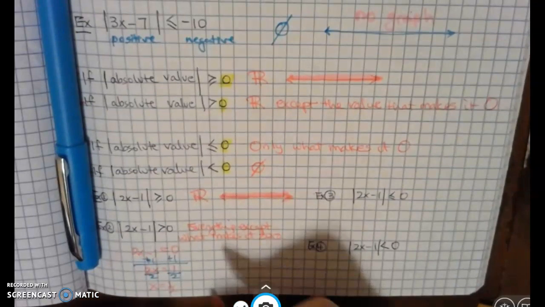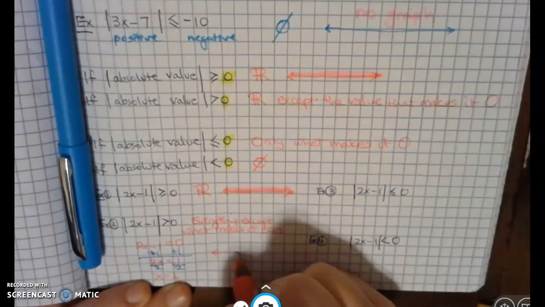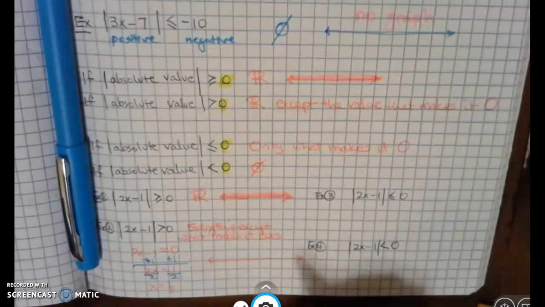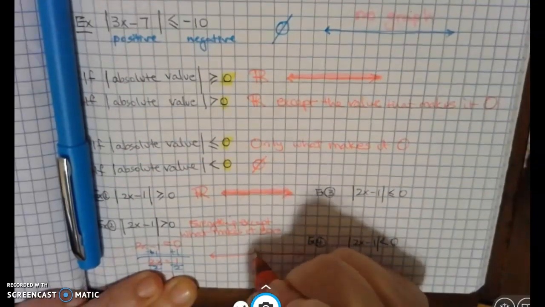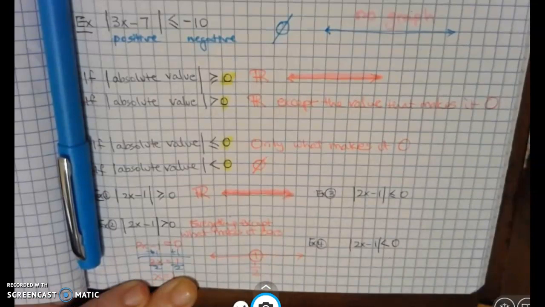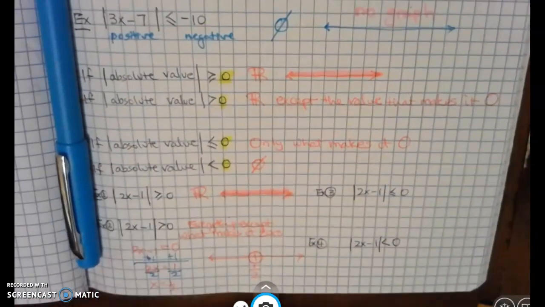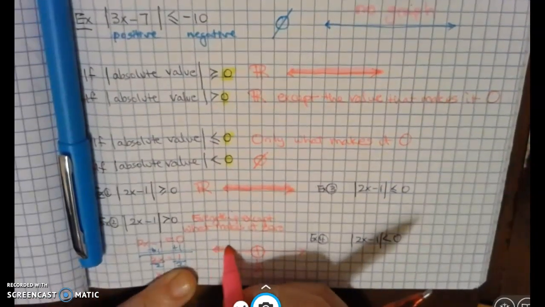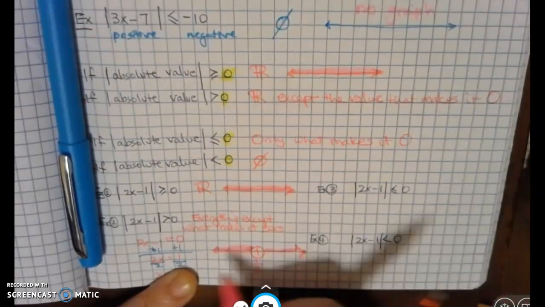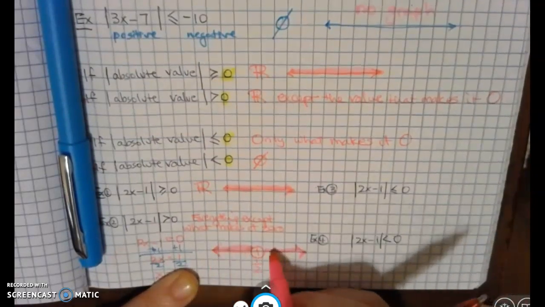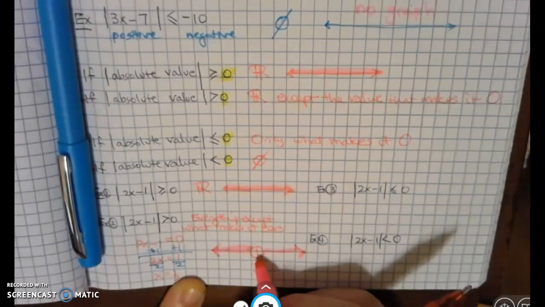So to communicate my solution, every number except half will be my solution. So I am going to put an open circle here and then shade the rest. That means all numbers are good except when x is equal to half.